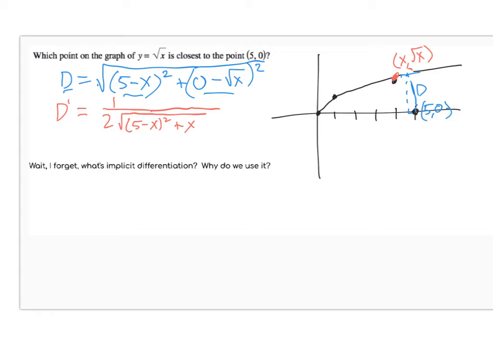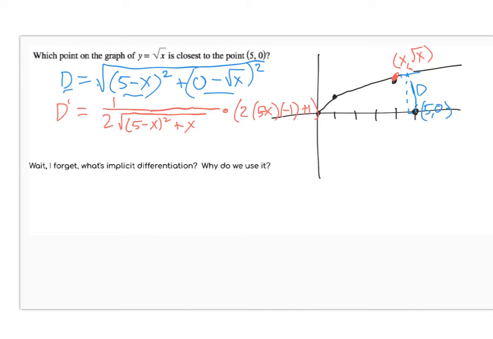Since we have stuff on the inside, I also have to apply the chain rule. The derivative of (5 minus x) squared is 2 times (5 minus x) to the first times negative 1 for the chain rule. And then that's plus x, so we've got plus 1.